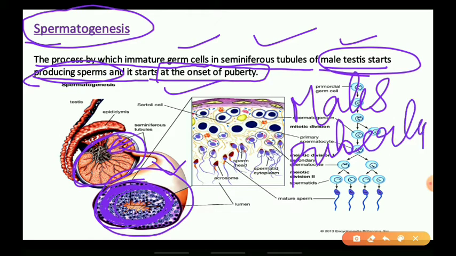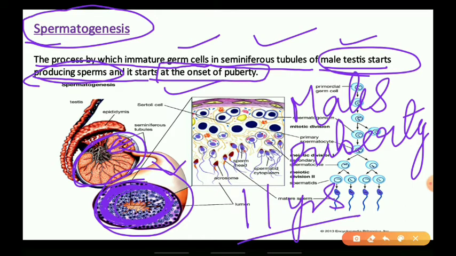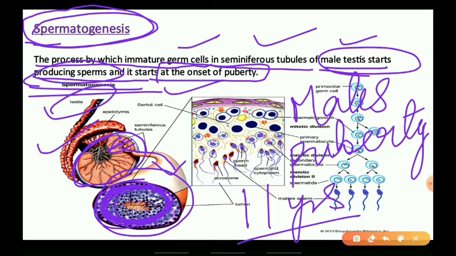What is puberty? Puberty means adolescence. At the age of 11 years, puberty starts, and the male reproductive organs, that is the testis, start undergoing some maturation and start producing the gametes, that is the sperms.